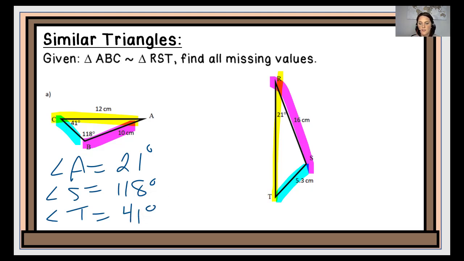We're almost done. Now we need to look at all of the missing side lengths. We're going to look at side length CB, and I'm going to label that X. We're also going to look for side length RT, and I'll call that Y. Let's find the values of X and Y using our ratios.